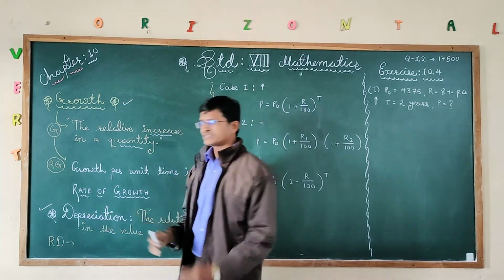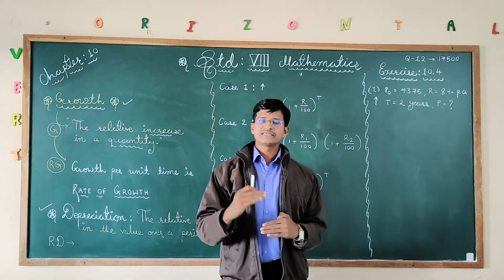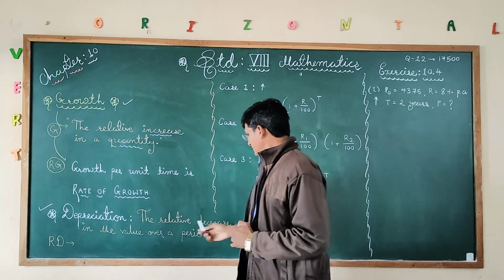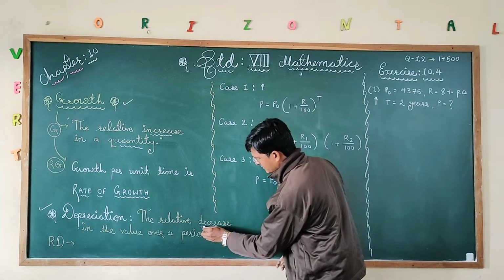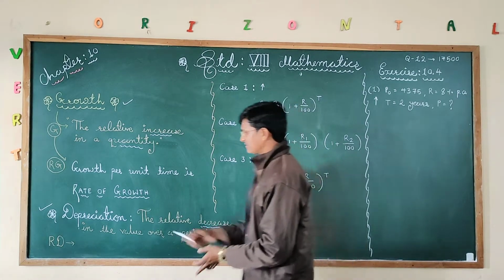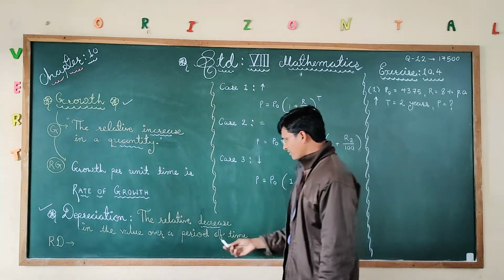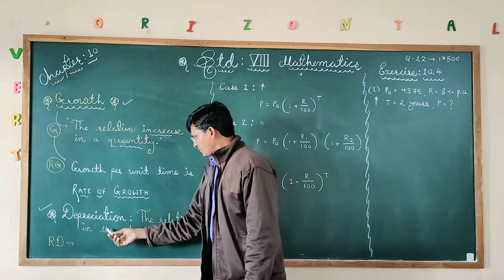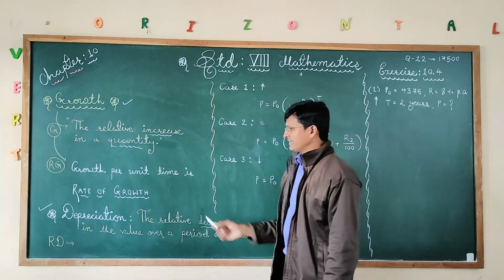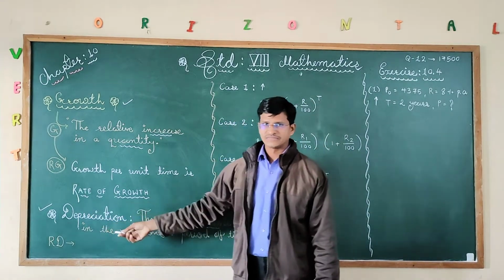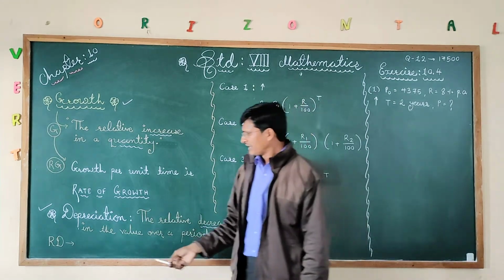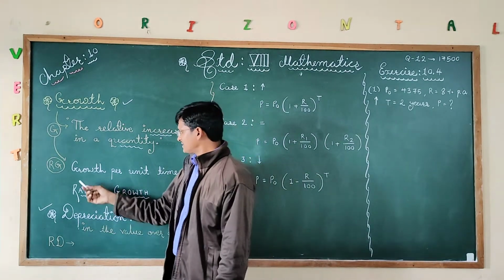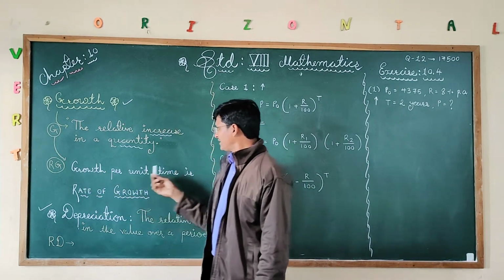Next, depreciation means decrease. The word itself indicates decrease. So depreciation is the relative decrease in the value over a period of time. Depreciation means decrease in value, and the rate of depreciation means the depreciation per unit time.